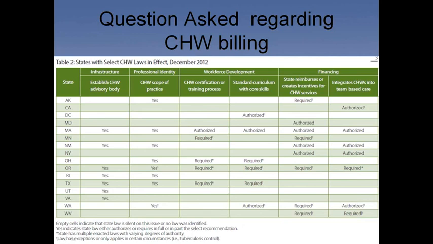I did connect with the Texas Department of Health and Human Services and their CHW training. And unfortunately, in Texas, they do not have anything in place to pay for those services. This chart shows you which of the states actually have financial reimbursement for it, and you can see that Texas is not one of those.